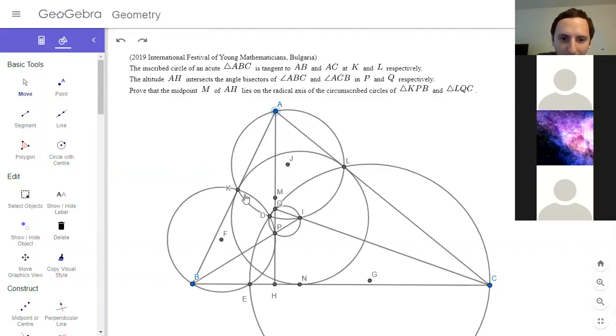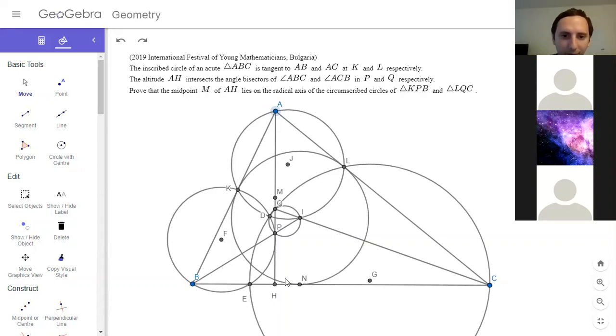And I think, yeah, because P lies on the angle bisector. I forgot to use that. But yeah, since P is on the angle bisector of KBE, that means PK is equal to PE. So if we can show AH is the perpendicular bisector of EN, that would prove it.